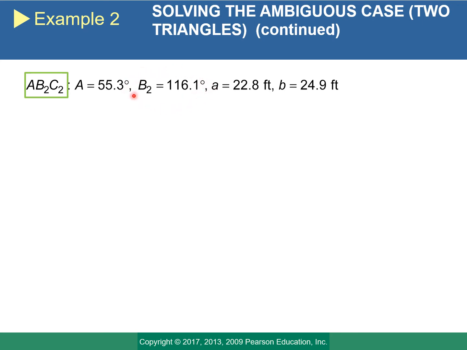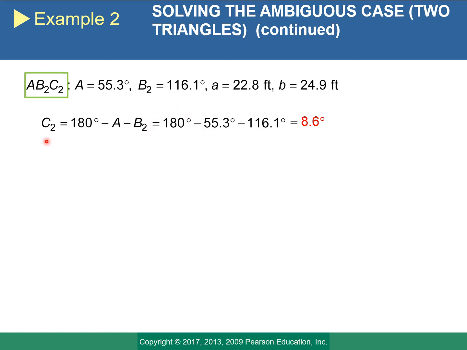Same process though. We're going to find our angle C2 by subtracting our known angles from 180. And so we end up getting that angle C2 is 8.6. So C2 does exist because it is a positive angle value. And if you want to just check, 8.6 plus 116.1 plus 55.3 do add up to 180.